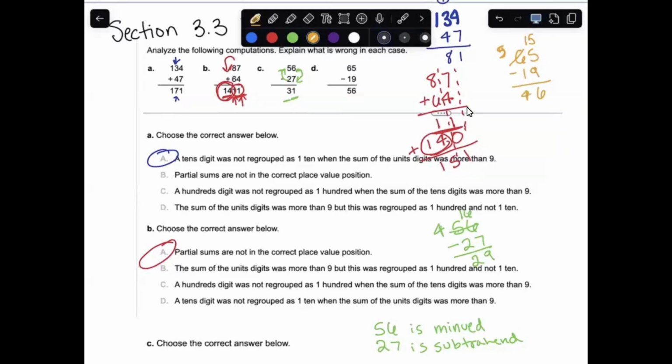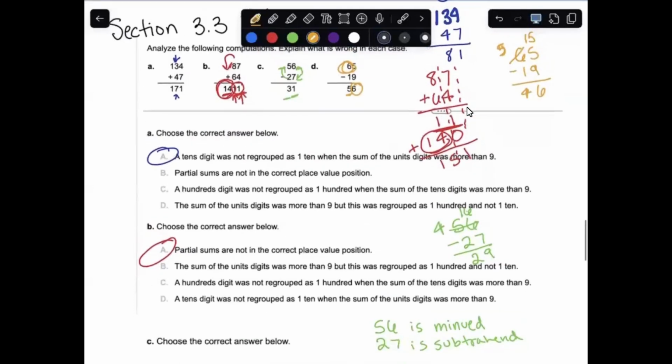Now, what it seems that this student has done is they have the correct ones value. They have 9 from 15, giving 6, but then they have 5 in the tens place, which makes me think that they've likely not regrouped one of the tens from our 6 tens.